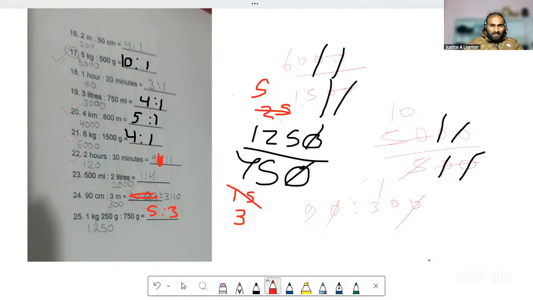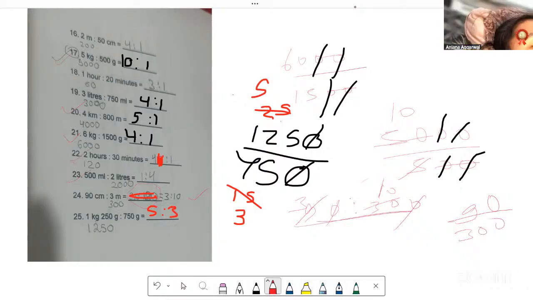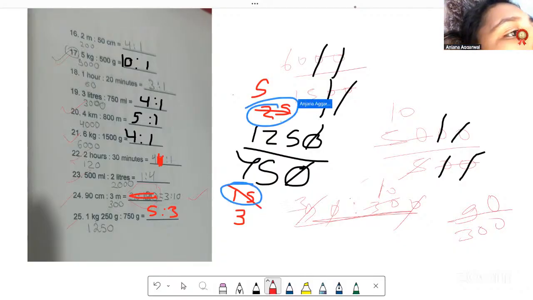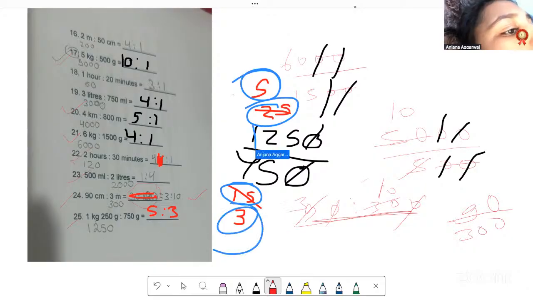And then 3 is a 9, 10 is a 30. 3 and 10. Okay, 3 ratio 10 is the answer, right? You can directly solve in this way as well without writing it like this. We can directly cancel like this. But the numbers you have to do twice, like here, and then you have to do it again, then I have to write like that.